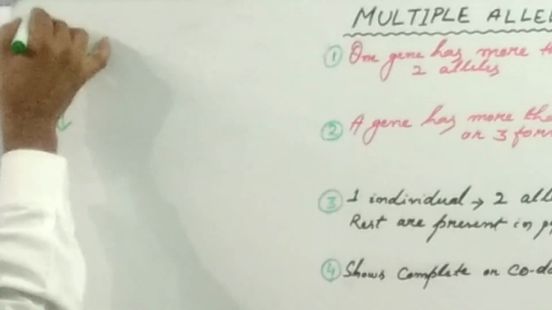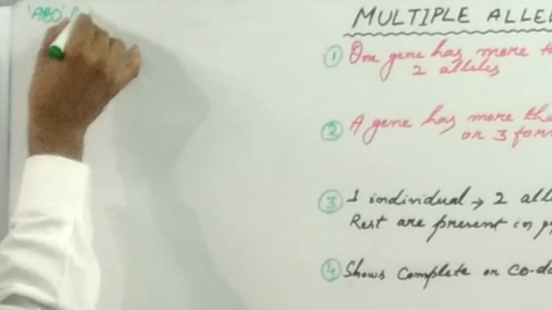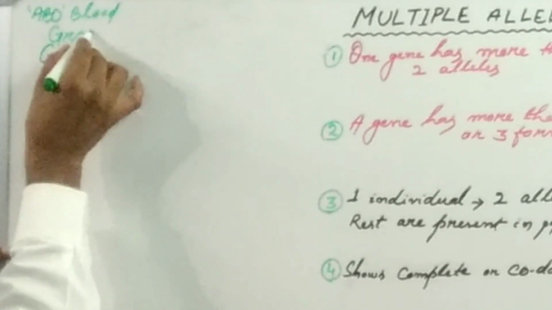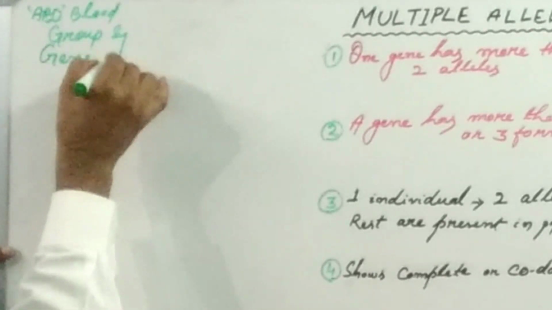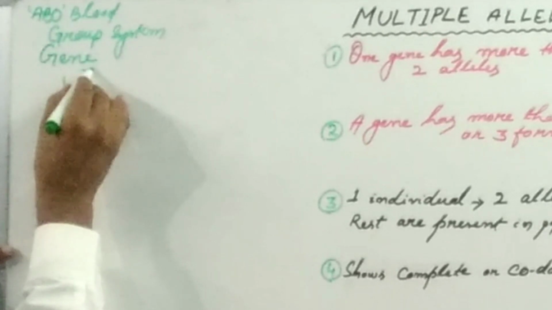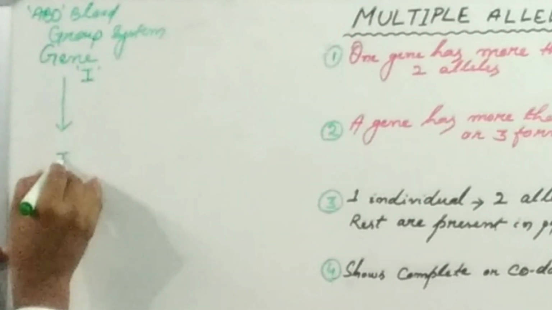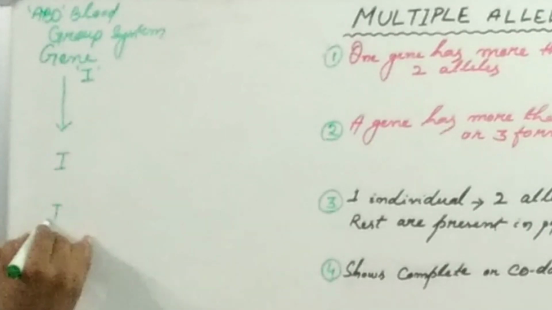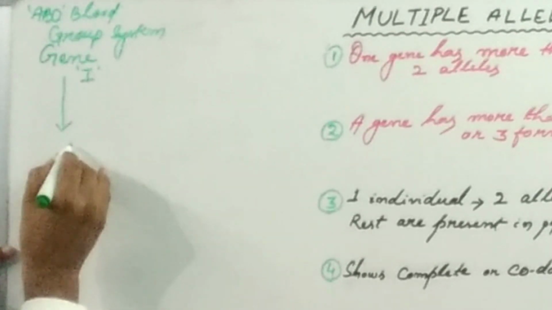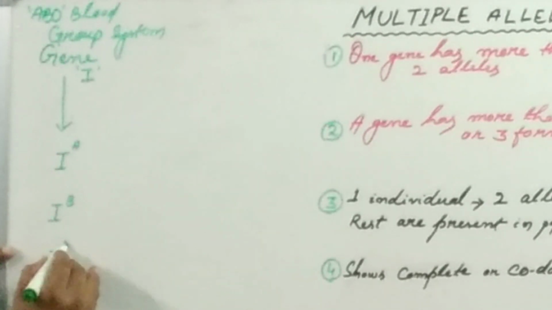Suppose, in the case of the ABO blood group system of humans, there is the gene capital I. This capital I has different forms: I with superscript A, IB and IO.